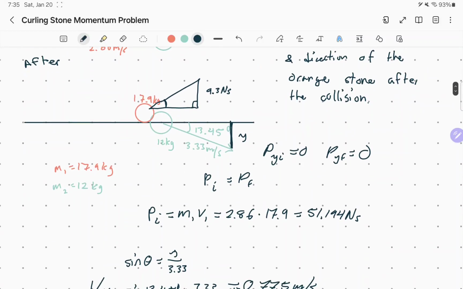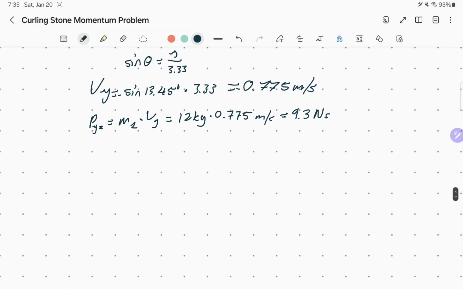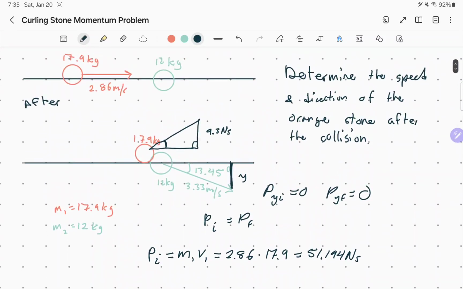But we also happen to know what the mass is. So py of the first one is equal to this 9.3 newton second value, and we know that this is equal to mass 1 times Vy. Then we can just find Vy by dividing. So Vy for the first stone, I should mention that the previous one was for the second stone, is equal to 9.3 divided by the mass, which was 17.9.